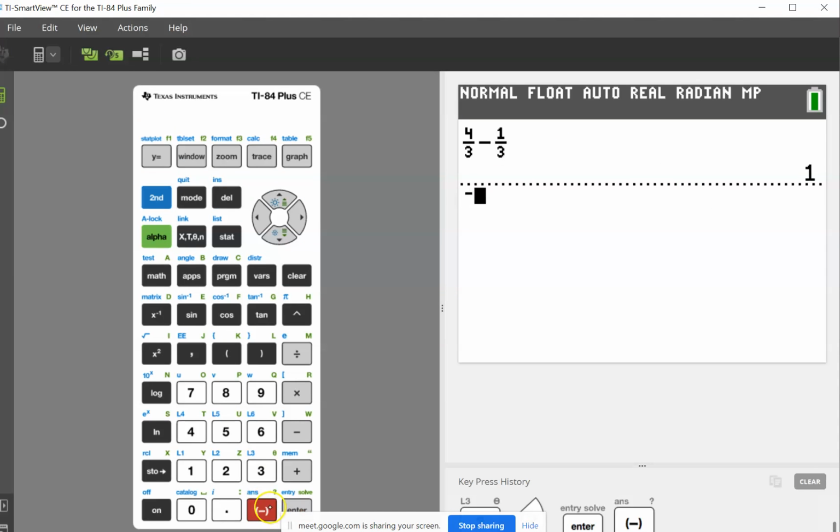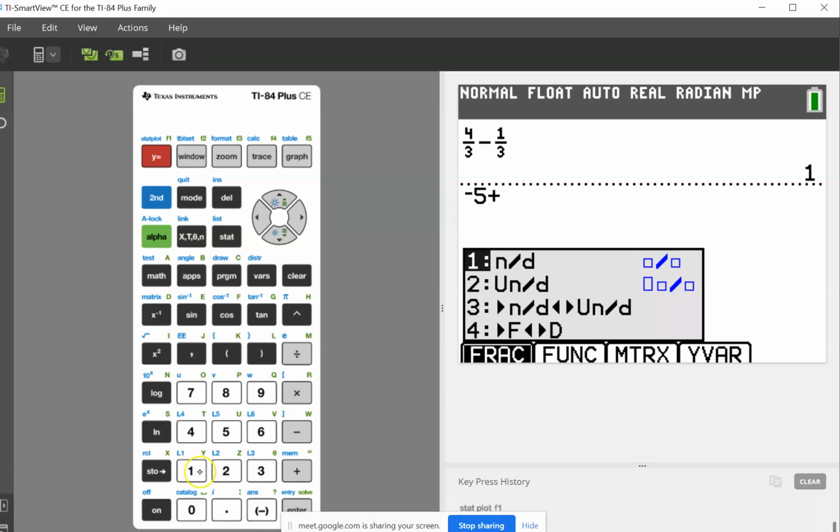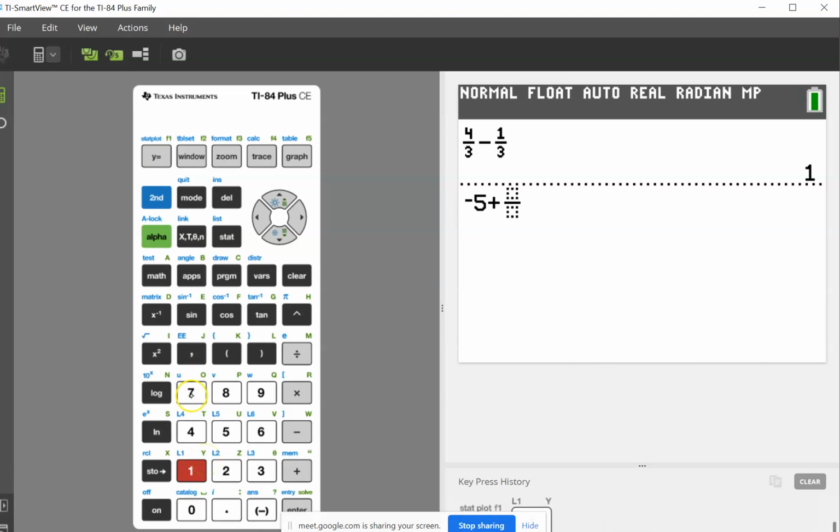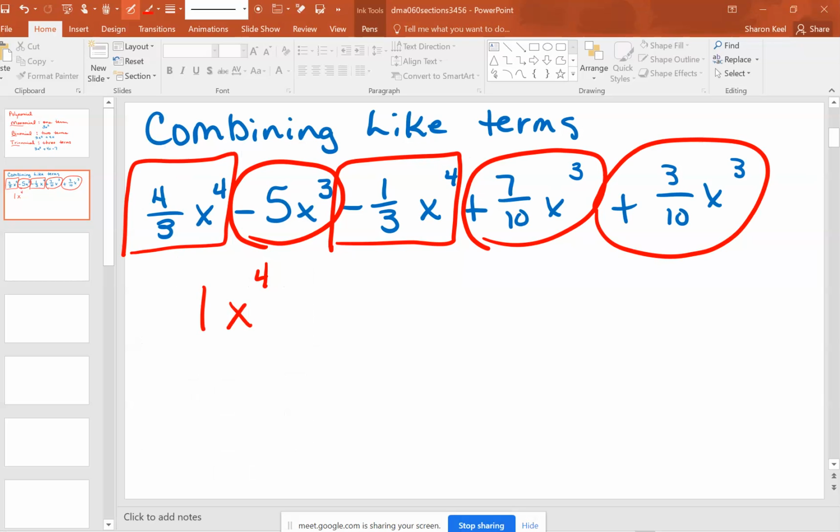So down here is our negative 5, plus 7/10, plus 3/10. Okay, and that gives us a -4. So that means our other term is going to be minus 4x to the 3rd power.